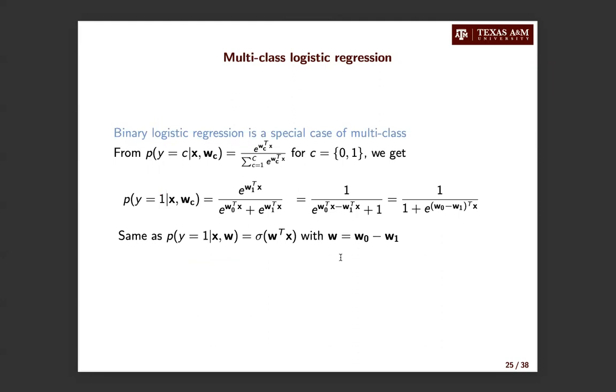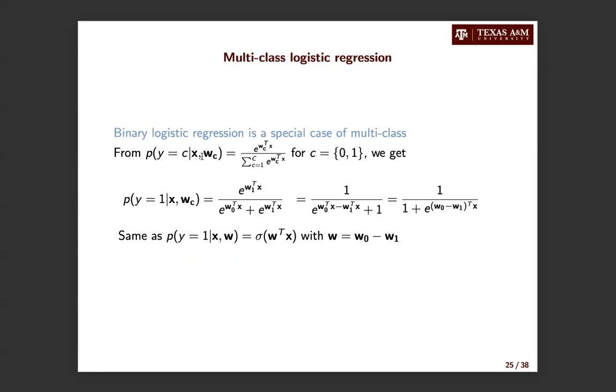Now, in the next slide, what we're going to show is that the multi-class logistic regression can be shown to be the same as the binary logistic regression if we set C equal to 2, so if we only have two classes, 0 and 1.